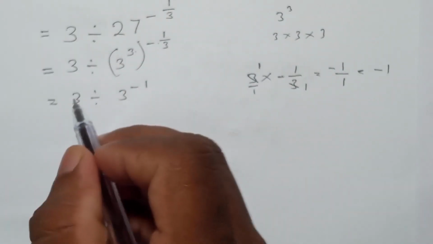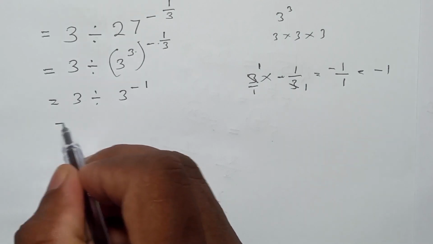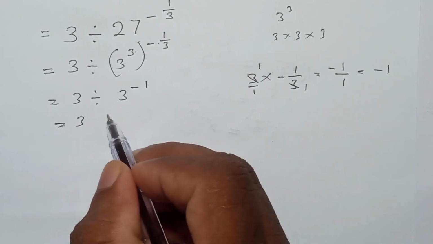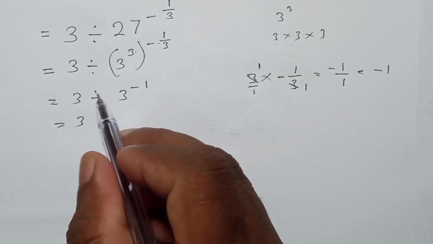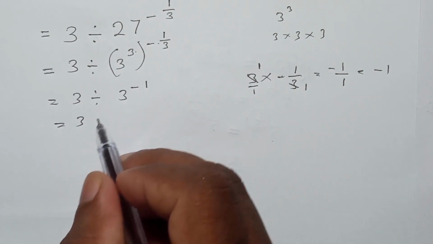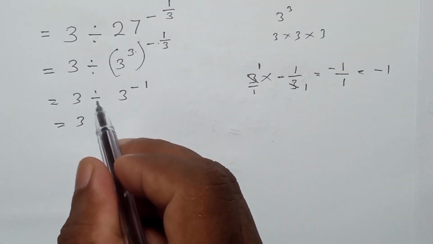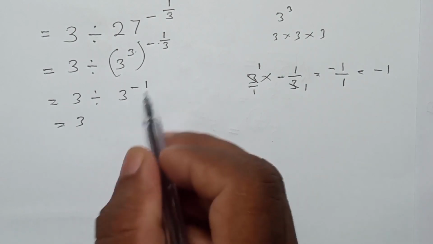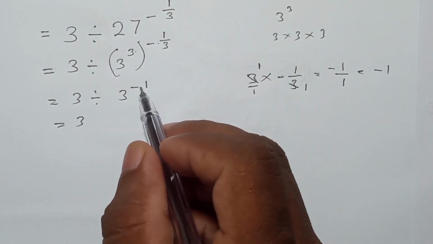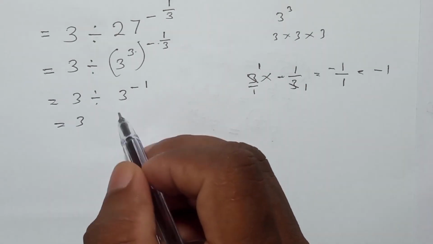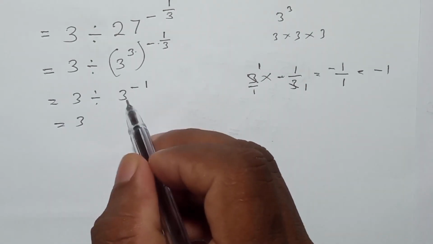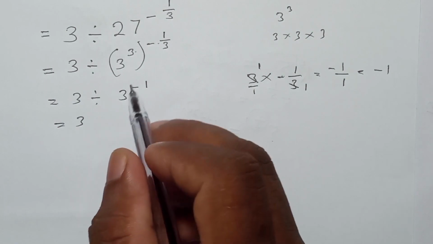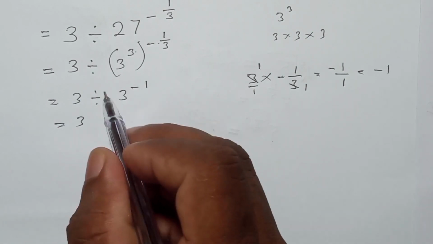Okay, now what I can do here is make this division into multiplication if I get the reciprocal of this. And we learned earlier, when you have a negative index you can make it positive if you get the reciprocal of this. Here we need to get the reciprocal twice, so I will do it one by one.